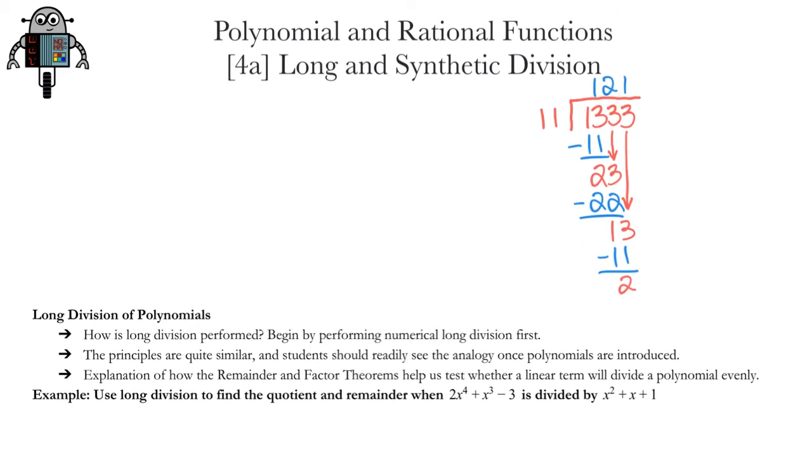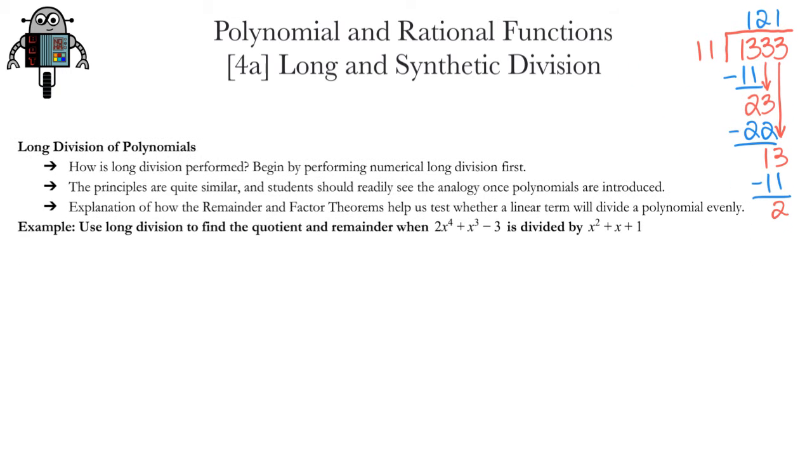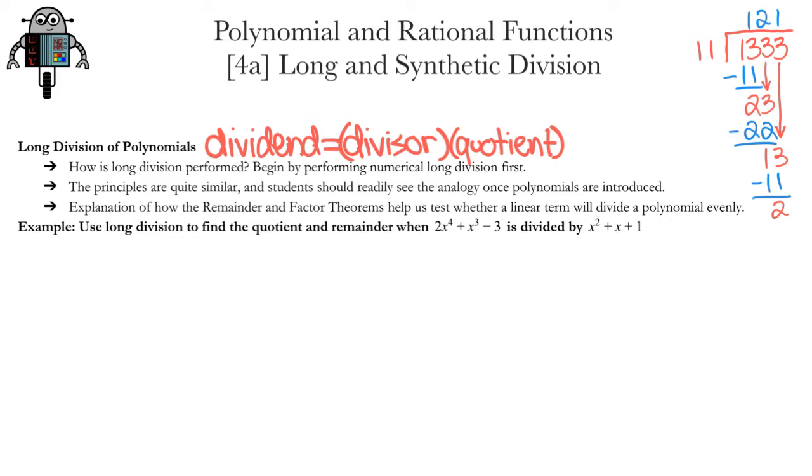When we do long division with numbers or polynomials, the dividend is equal to the product of the divisor and the quotient plus the remainder. So let's make sure we know what's what and we did the division correctly.